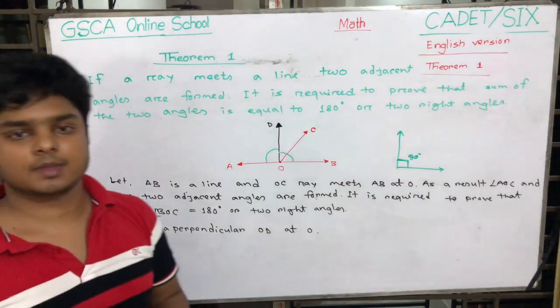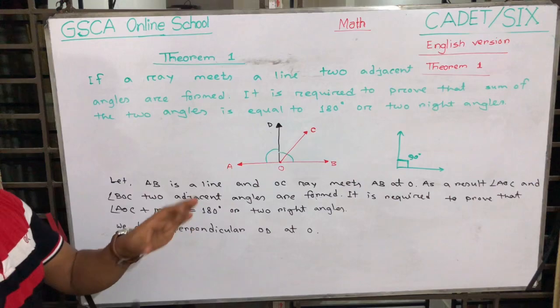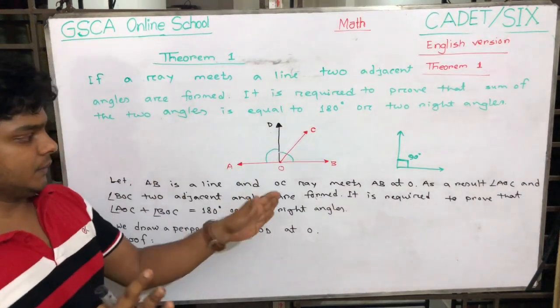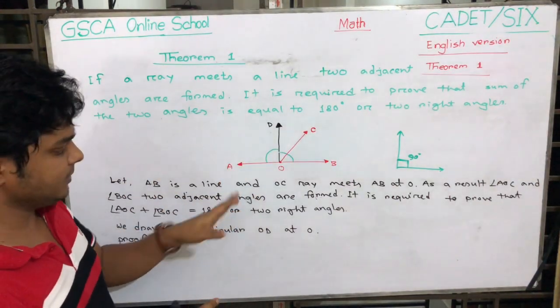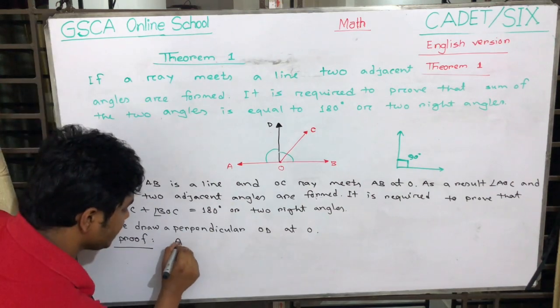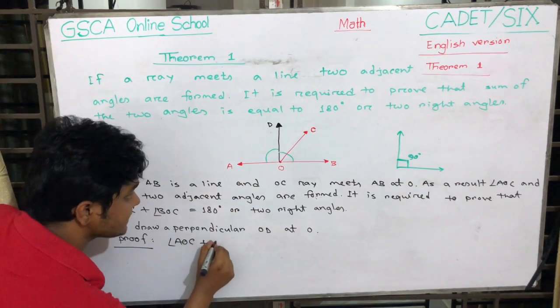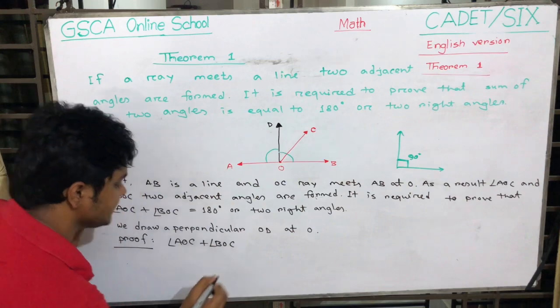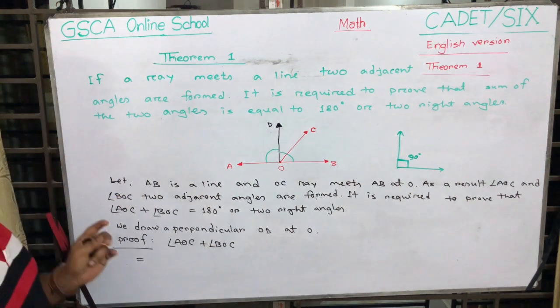How to? Suppose OD is not here. So what will be? It's equal to prove that AOC plus BOC. Clear?